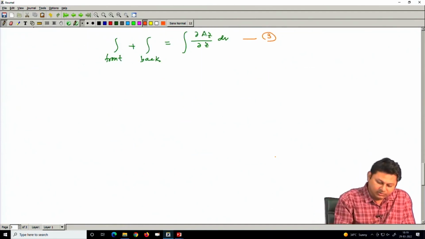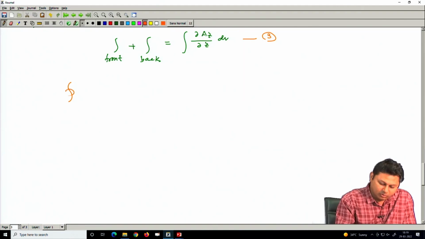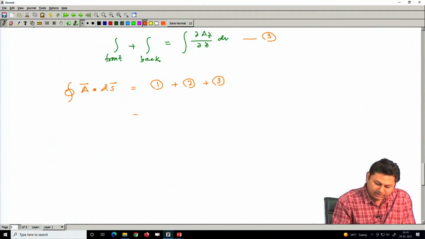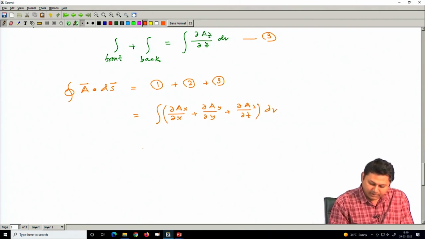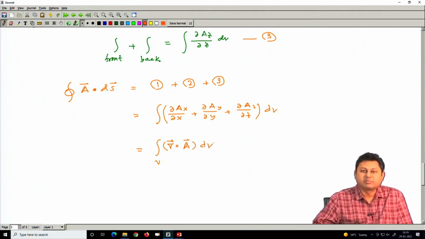If I add all these equations, that basically gives me the total closed surface integral, that is 1 plus 2 plus 3, and that value is the integration of del Ax del x plus del Ay del y plus del Az del z over dv, which is nothing but the volume integral of the divergence of A, and that is the statement of the divergence theorem.